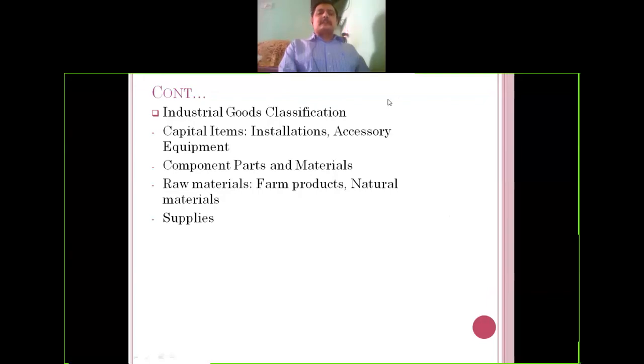So, how is this industrial goods classification going to work out for us? First thing, the components are so simple. One, it is about capital. Second, it is about component parts and materials. Third is about raw materials, and the last one is about supplies. Okay, so here we are classifying the industrial goods also.